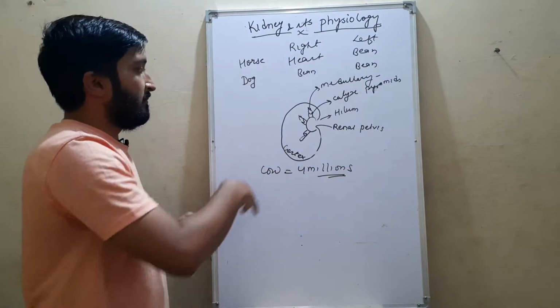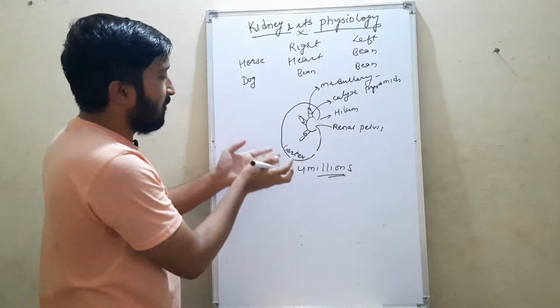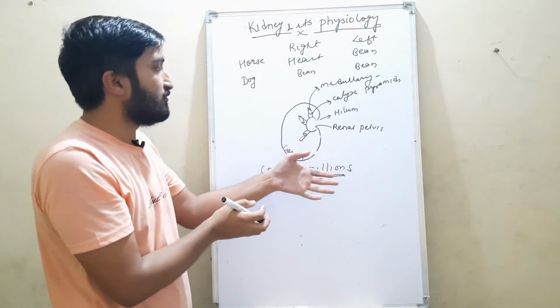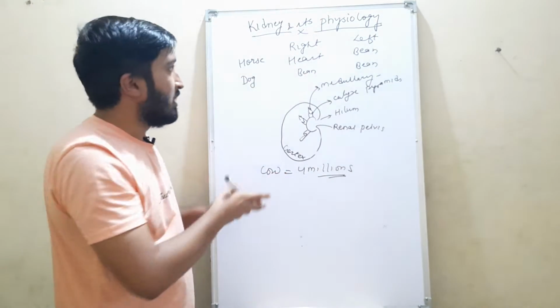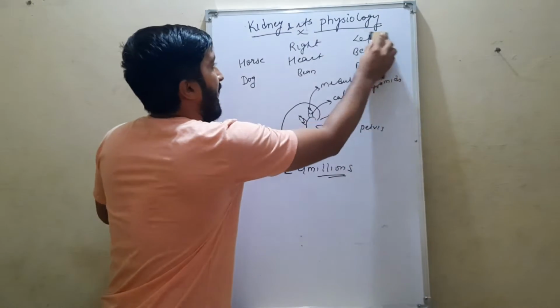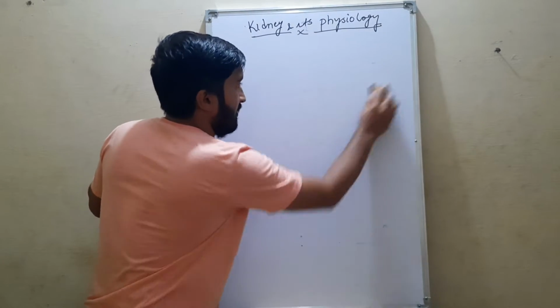So we can understand that a large number of nephrons are present. In both kidneys around 8 million nephrons will be present, and all the functions are performed by these nephrons. So I will let you understand the structure of nephrons.